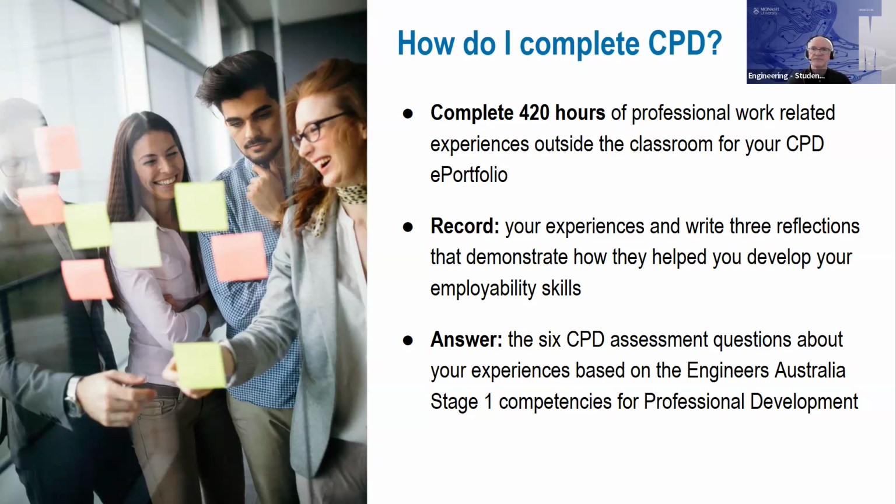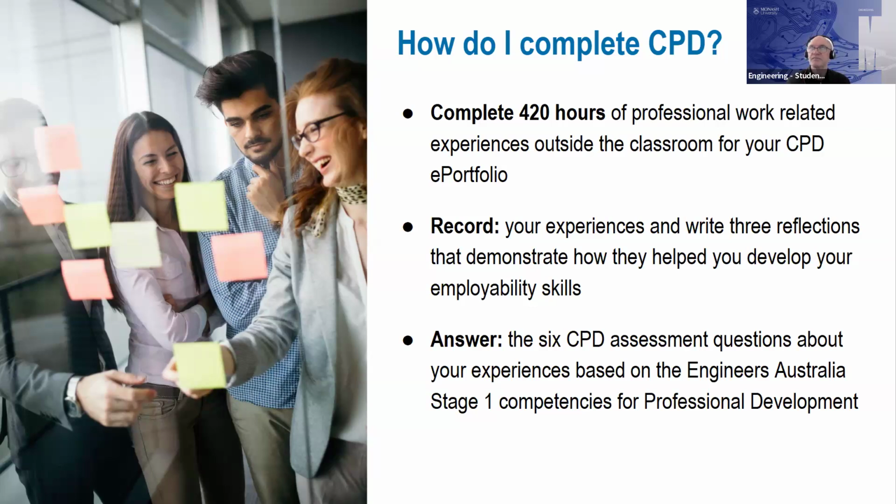Basically, you record your experiences in ePortfolio, and attached to that, you need to write 3 reflections that demonstrate how your experience helped you develop your employability skills. And the final part of CPD is answering the 6 CPD assessment questions about your experiences.